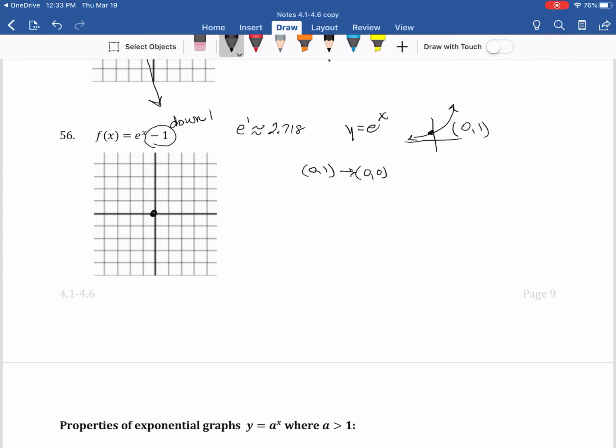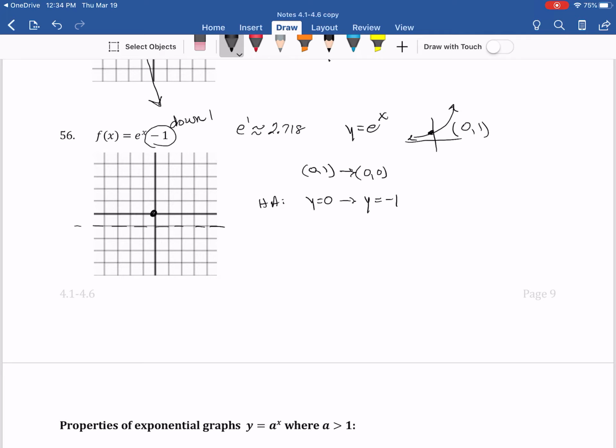All right, let's talk about the horizontal asymptote. Initially, the horizontal asymptote is your x-axis, so that's the line y equals 0. If I shift down, does that move the horizontal asymptote? And the answer is yes. Move that down, and now it becomes the line y equals -1.